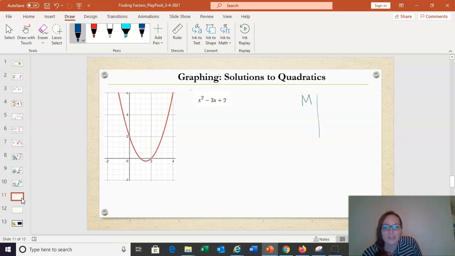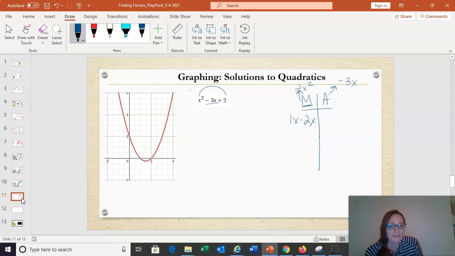So we're going to do a Ma chart. First times the last, that is 2x squared. We want a number that multiplies to give us that and adds to give us negative 3x. The only factors that 2x squared has are 1 times 2.